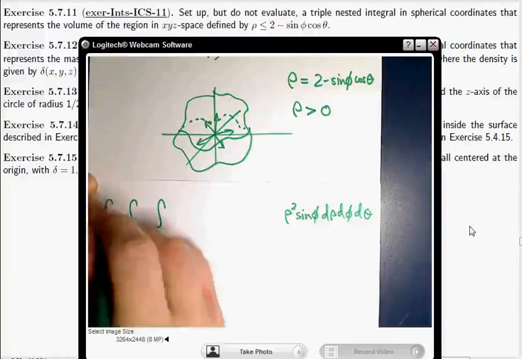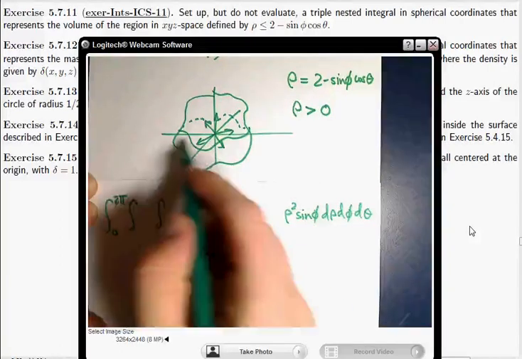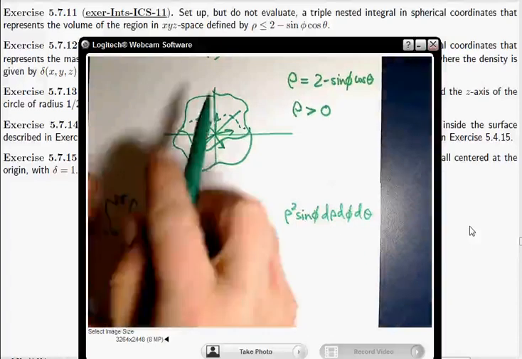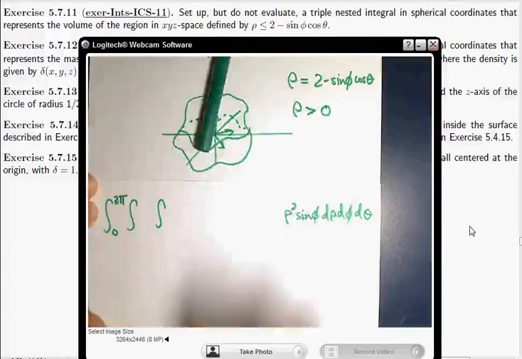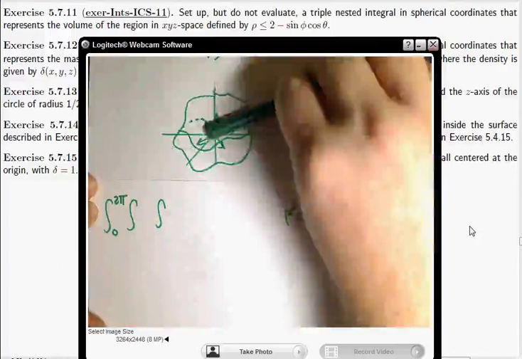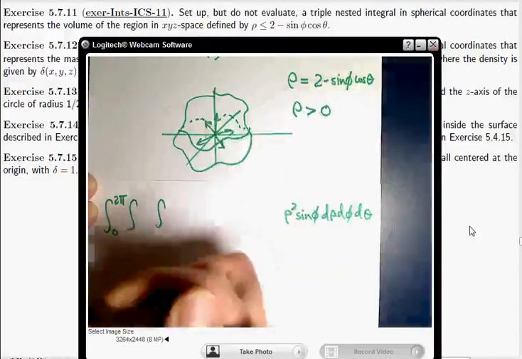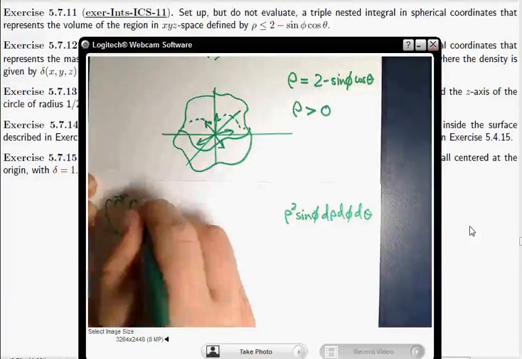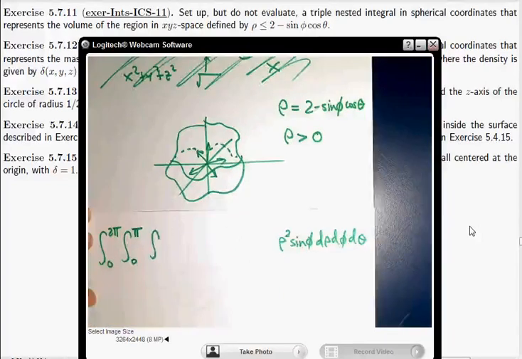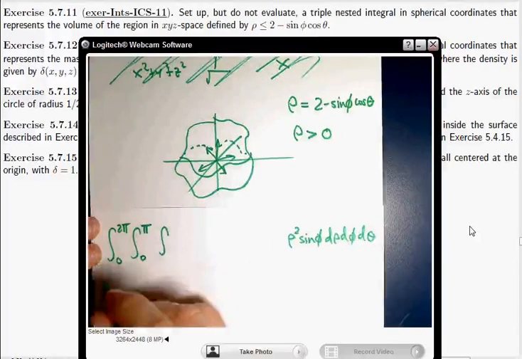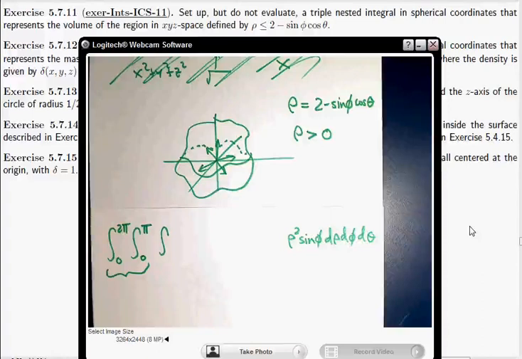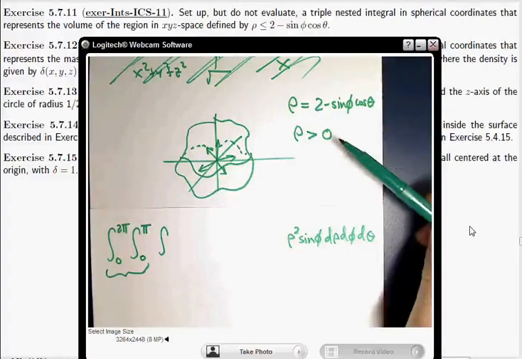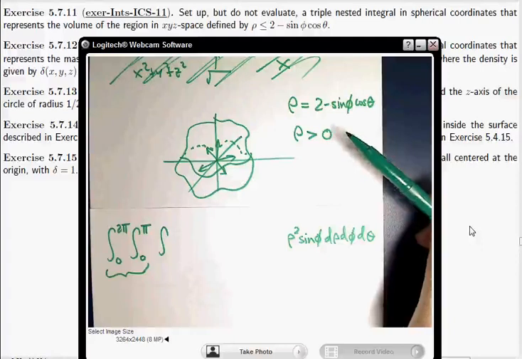Theta goes from 0 to 2 pi, because it goes all the way around, and phi goes from the top all the way around to the bottom, namely from 0 to pi. So we get 2/3 of our answer just from the observation that rho is always positive. That's a cool trick. It's a tricky observation, but it's cool.